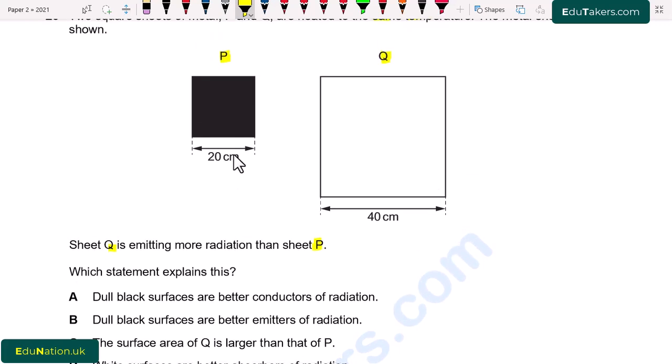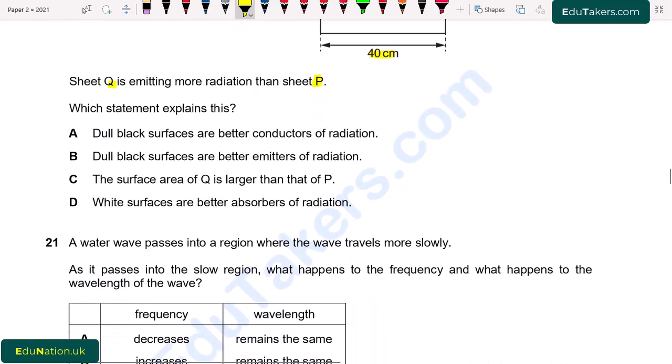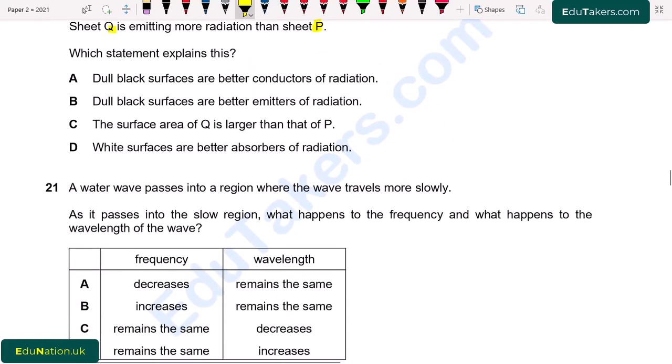So the only thing that is used to differentiate between P and Q is the length of the side, which is 20 cm for the P and 40 cm for the Q. It means that the surface area of Q is larger as compared to the surface area of P. So here C is correct.